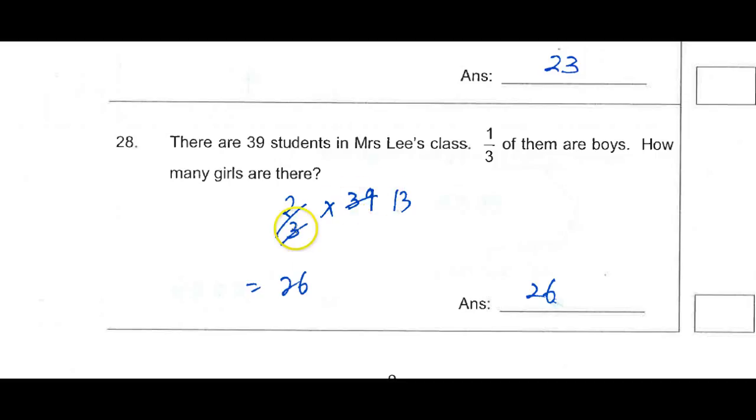You cancel this with this. 39 divided by 3 is 13. So 2 times 13 is 26. 26 of them are girls. 2/3 of 39 equals 26.